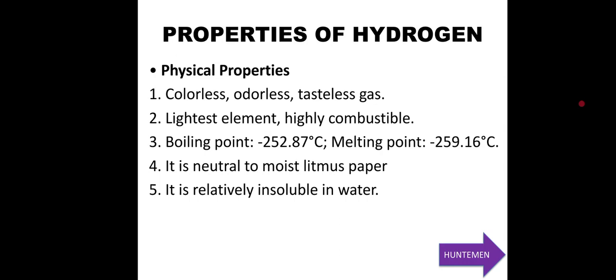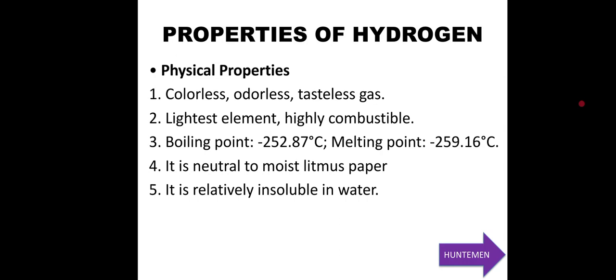The boiling point of hydrogen is approximately minus 253, and it melts at minus 259.16 degrees Celsius. It is neutral to moist litmus paper. That means hydrogen is a neutral gas.